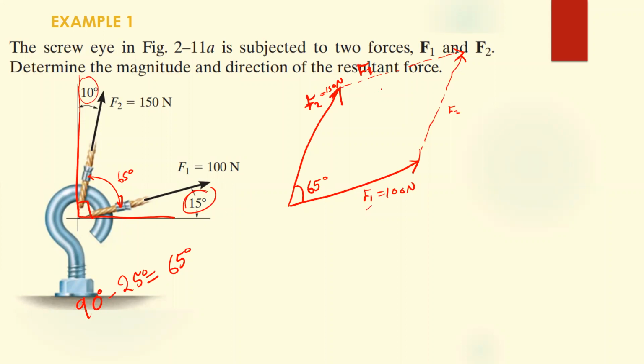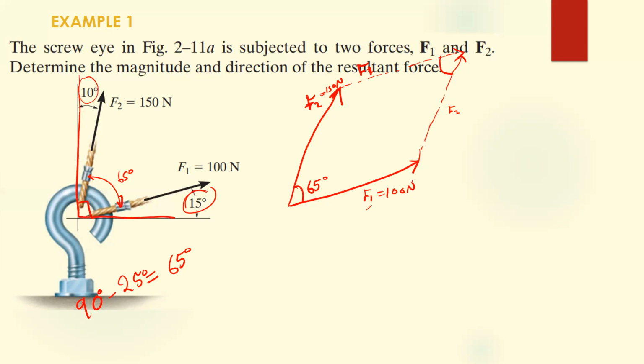From there, if I've been given this angle as 65 degrees, this is a parallelogram, so we expect the opposite angle to also be 65 degrees.